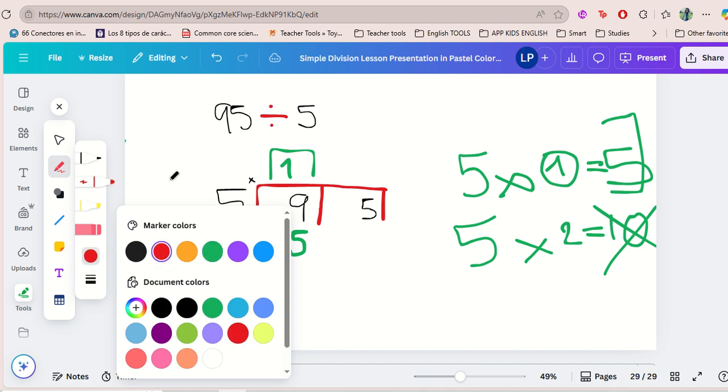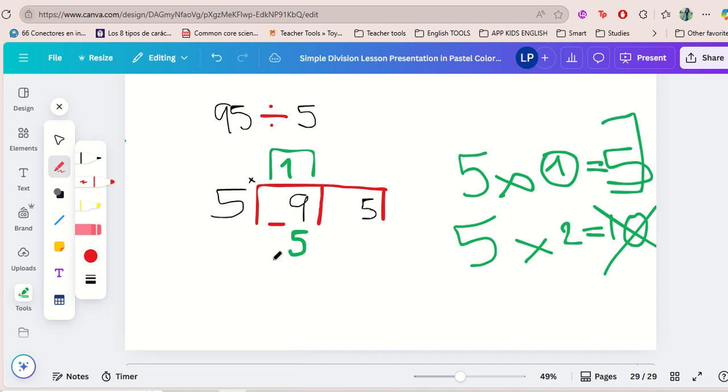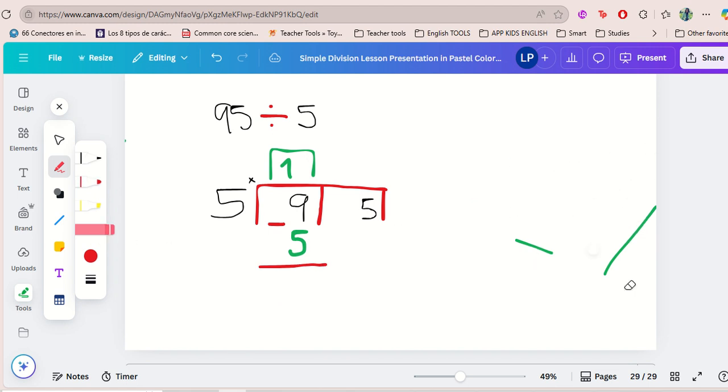Excellent, I have to do a subtraction. 9 minus 5 is, help me with that. Excellent, 4. Now what do I have to do with this number? Good job. I have to set the number 4 here next to the other number. 45.